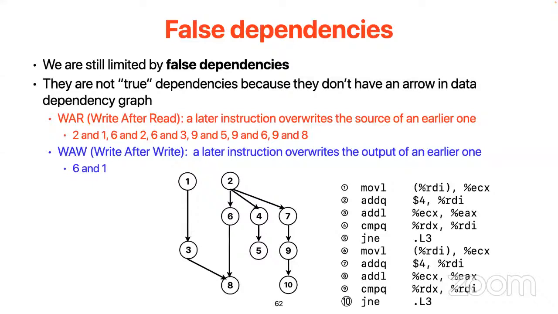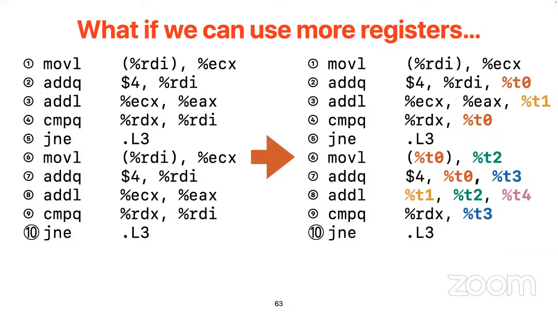However, if you practice a little bit, you will figure out that for this piece of code, we are not allowed to, because there are some false dependencies preventing us from reordering those instructions. These false dependencies mainly come from the fact that we have a limited number of registers. So if I rewrite the code a little bit to use more registers, then all the false dependencies would be gone.